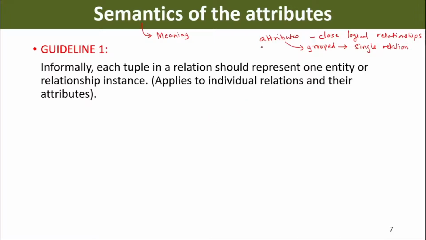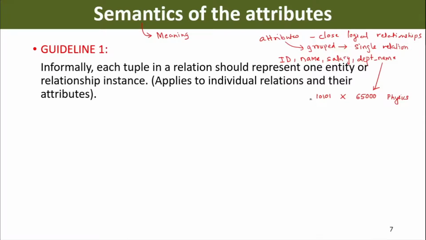Say, for example, we are grouping attributes like ID of the instructor, name of the instructor, salary of the instructor and department name of the instructor, and we store a tuple where ID of the instructor is 10101, name of the instructor is say X, salary is say 65,000 and department name is say physics, right?